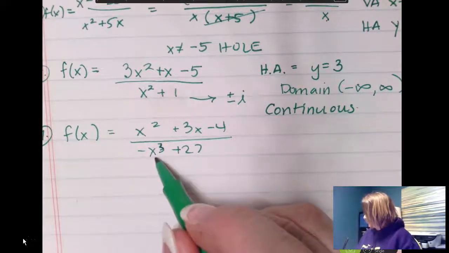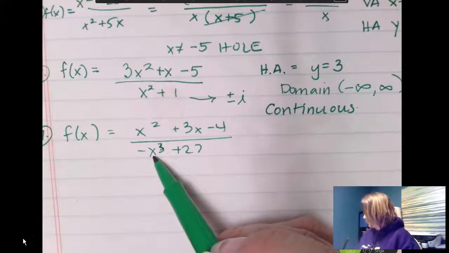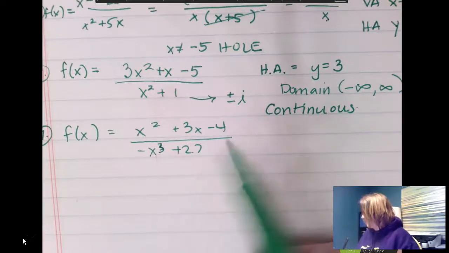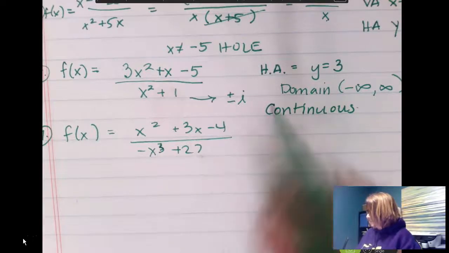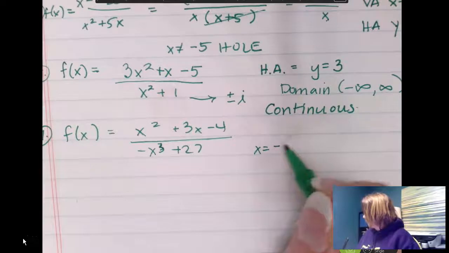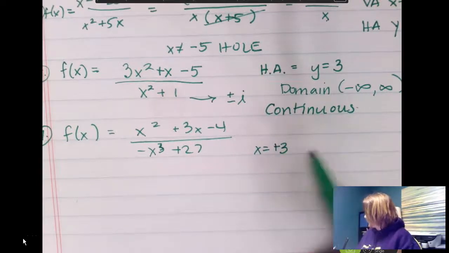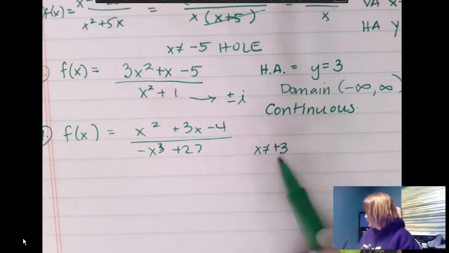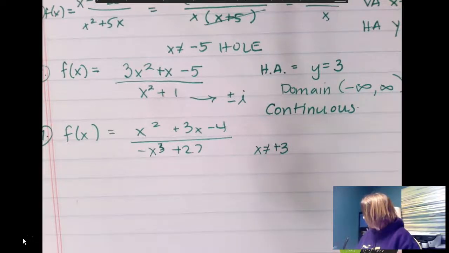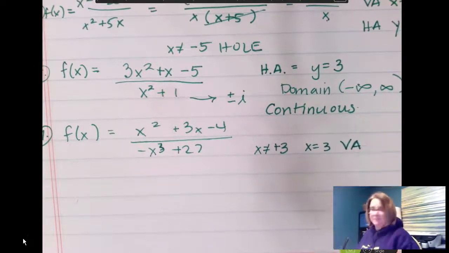So if x is 3, negative 3 to the third, which would be negative 27 plus 27 would be 0. So we have x cannot equal negative 3. Wait, not negative 3, positive 3. Cannot equal positive 3, so therefore x equals 3 is our vertical asymptote.